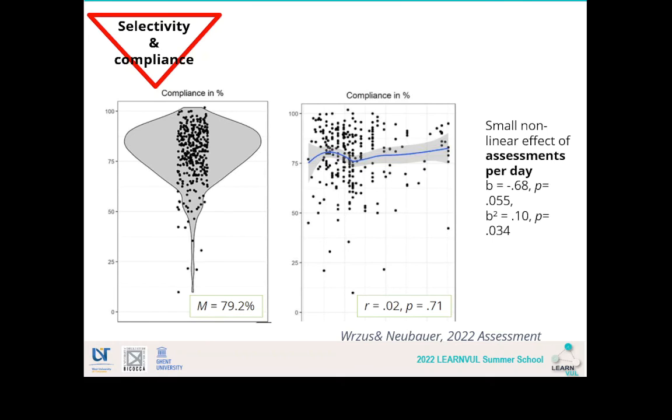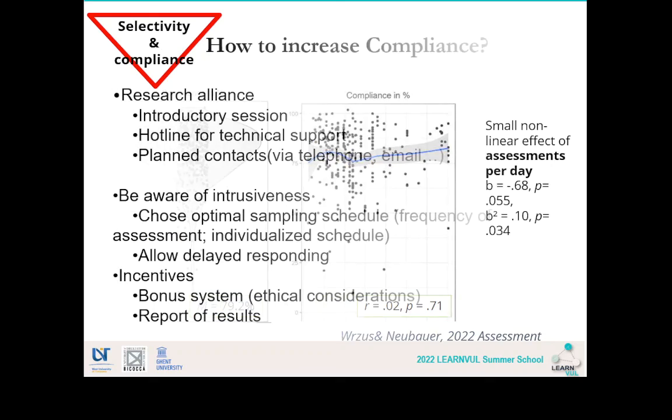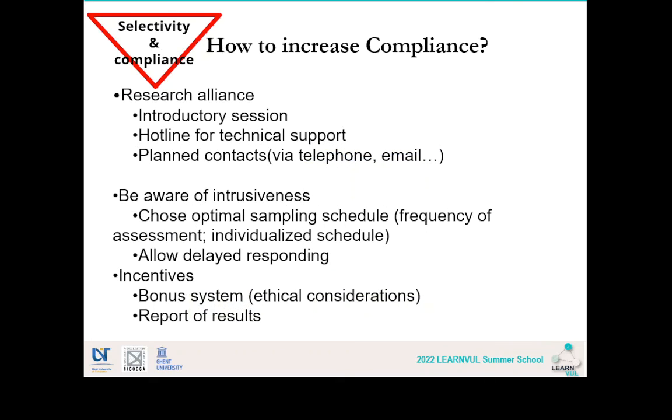One would say the higher the burden, the lower the compliance, but it depends on what kind of study. It's a meta-analysis, and it depends on what you're studying, the motivation of your population, etc. So you don't have a perfectly linear relation with compliance.